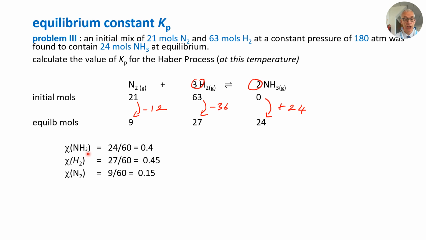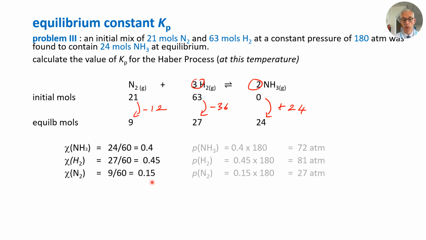So my mole fraction of ammonia, 24/60, total moles is 60. Hydrogen, 27/60, and nitrogen, 9/60. That gives us these mole fractions, from which I derive the partial pressures, mole fraction times the total pressure, giving us these partial pressures at equilibrium.